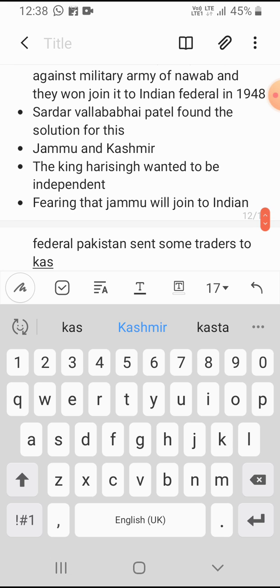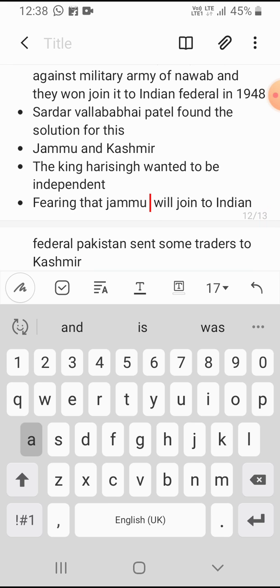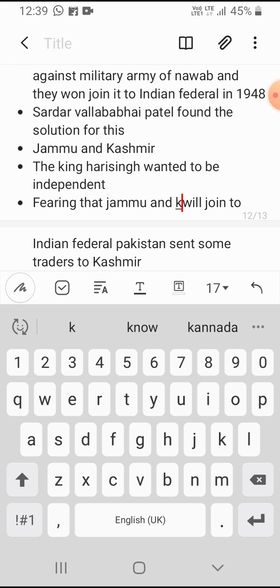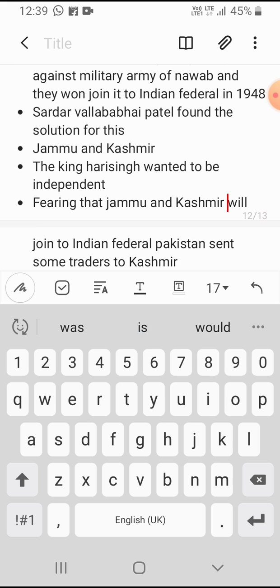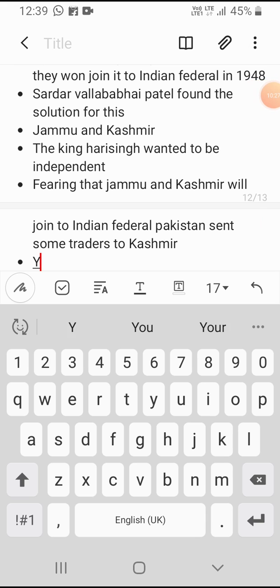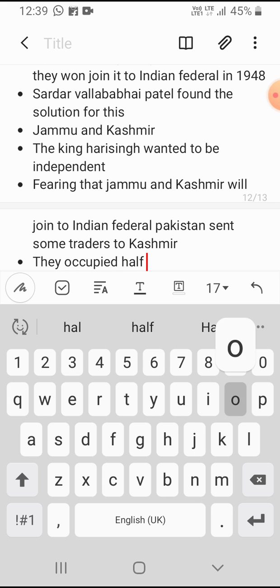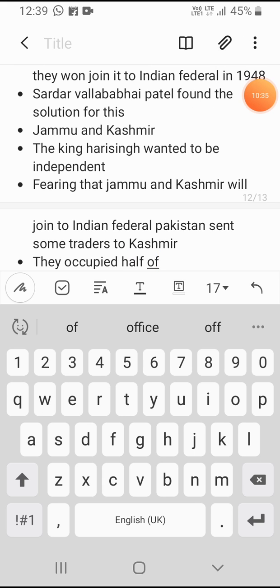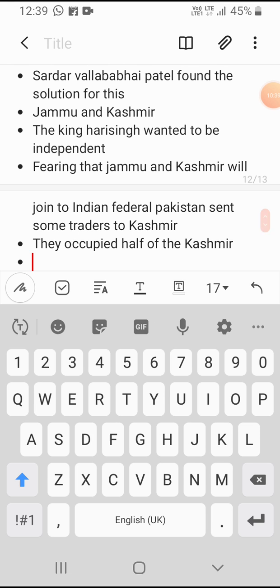By that thinking, they sent some traders to Jammu and Kashmir so that they can hold Jammu and Kashmir in their hand. After that they occupied half of Kashmir.